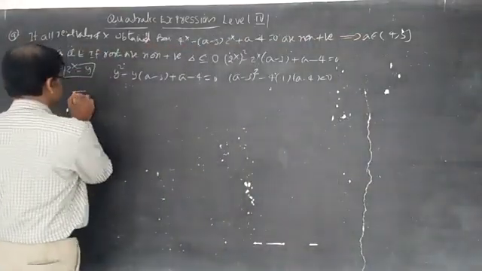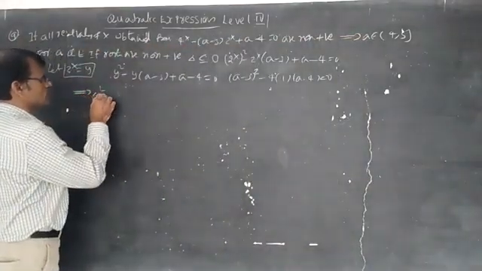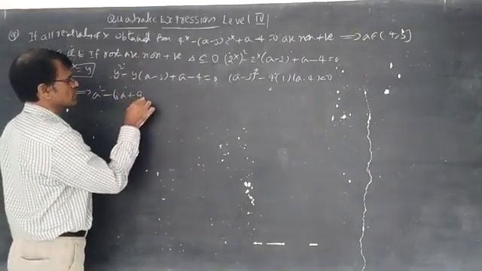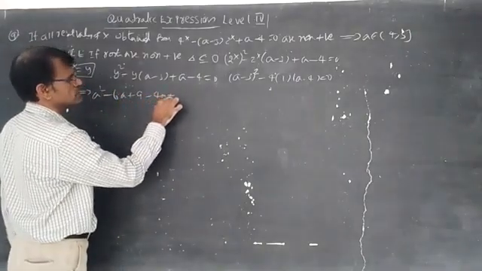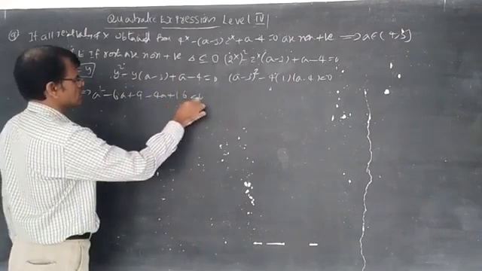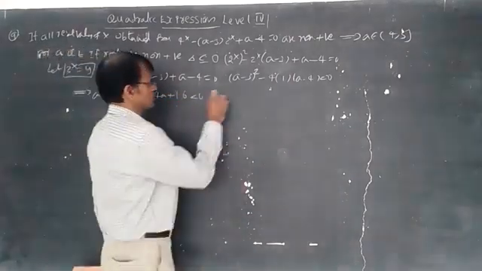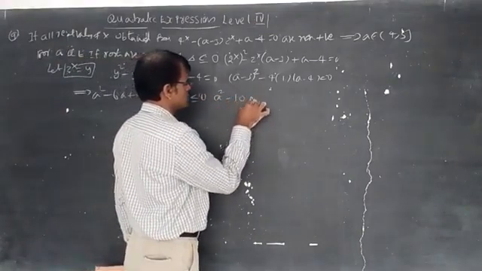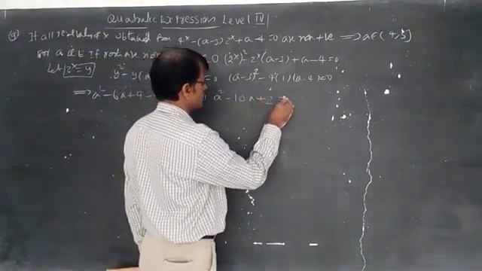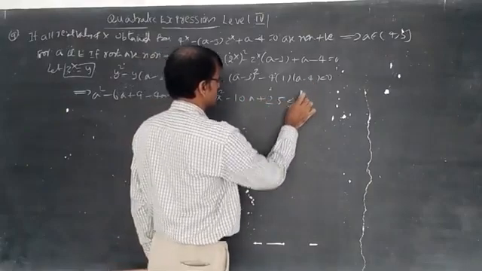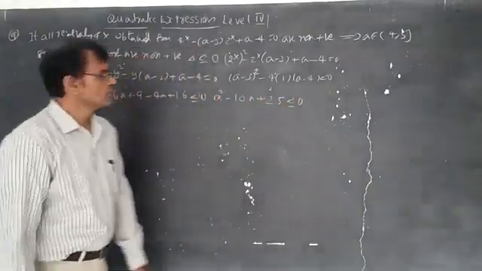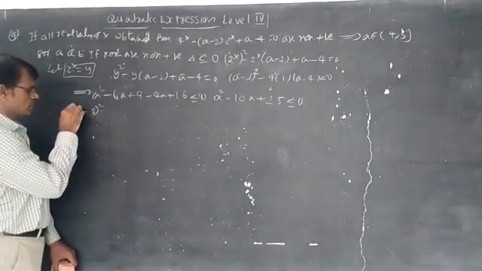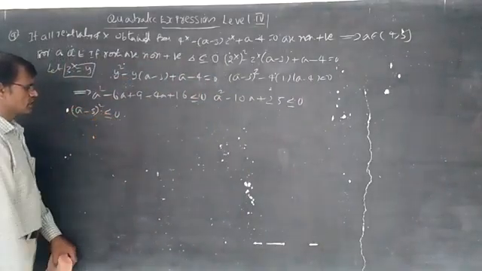That implies a square minus 6a plus 9 minus 4a plus 16 less than or equal to 0. So a square minus 10a plus 25 less than or equal to 0, so (a minus 5) whole square less than or equal to 0.